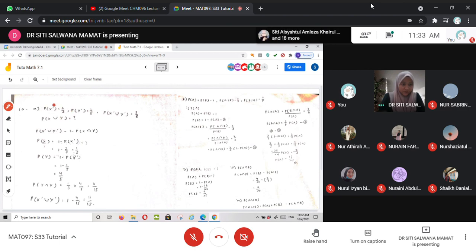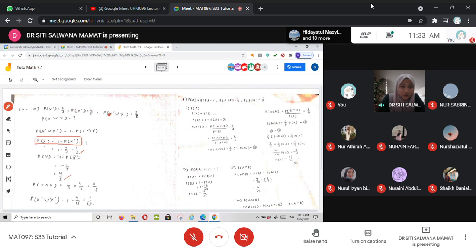Okay, so you guna this rule, the complementary rules, so that the probability of x, you minus lah 1 minus this, you dapat 1 over 3. And then untuk probability of y, again guna rule yang sama, complementary rule, so that you dapat 4 over 5. Okay, so this is a union between complement event.